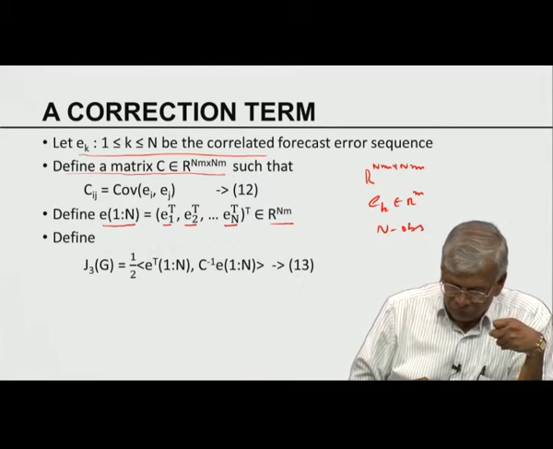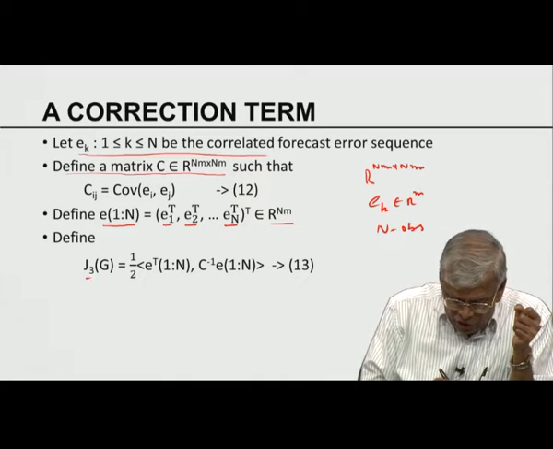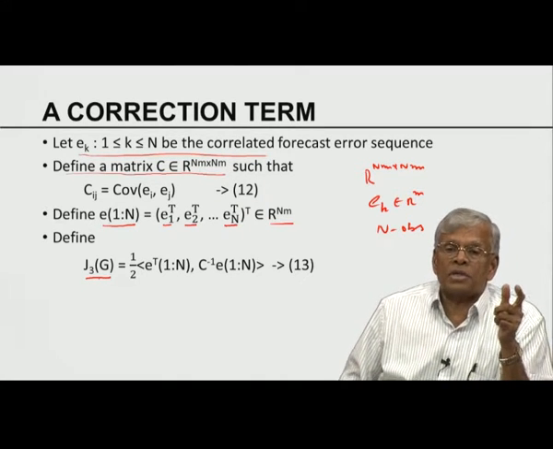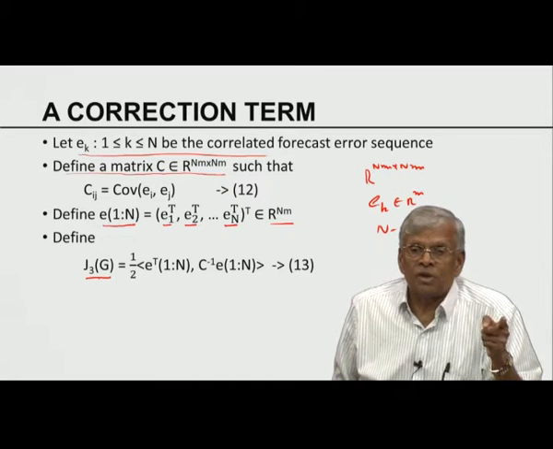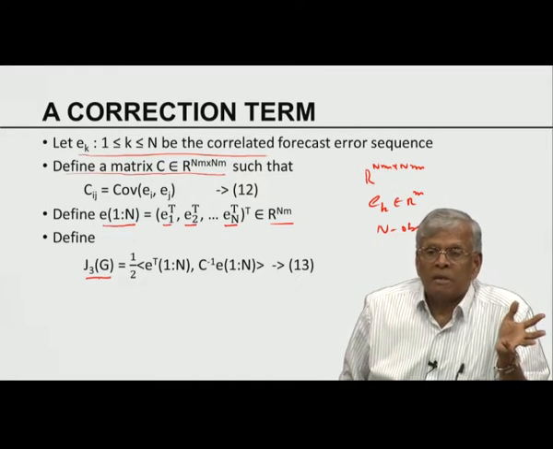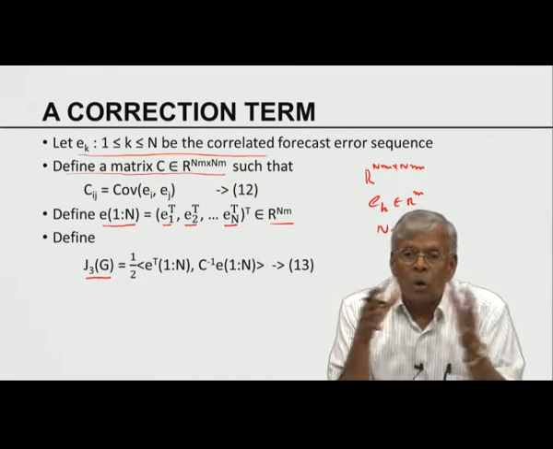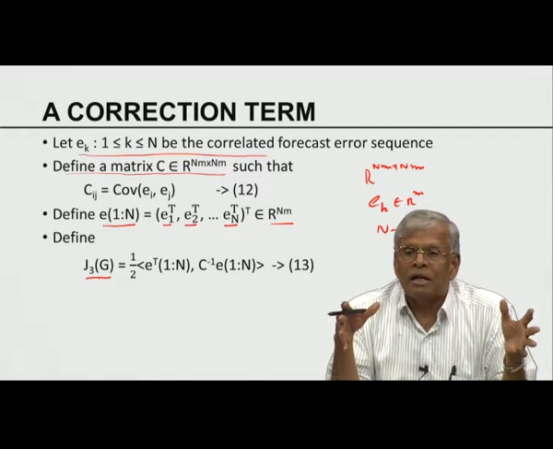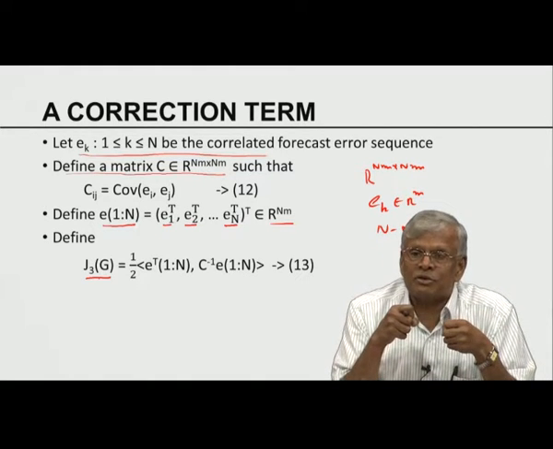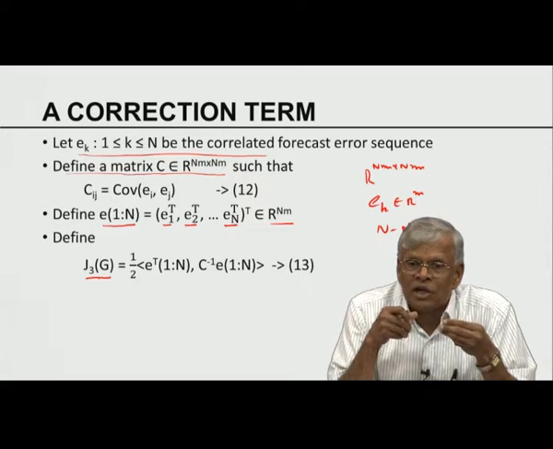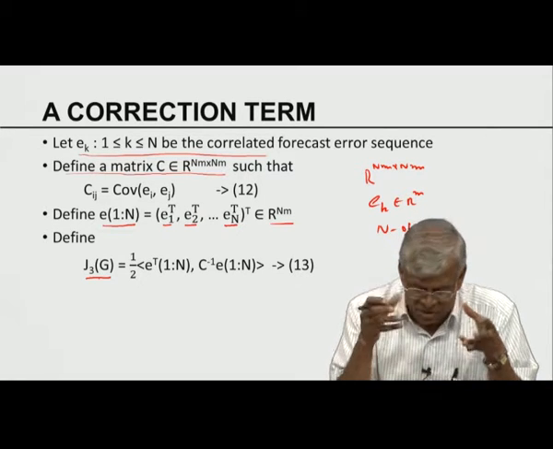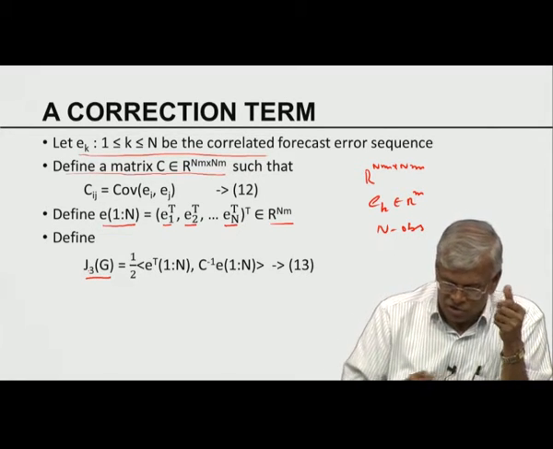states. Now you may ask a question, how do you know C? We have to estimate C, because once we know that they are serially correlated, we have to take that correlation into account in trying to define your weight function, and that is what J3G is all about.